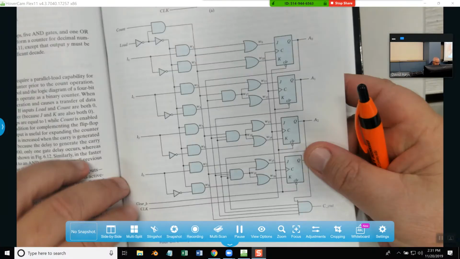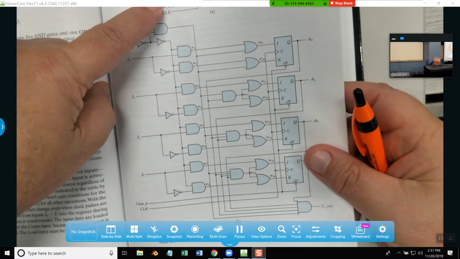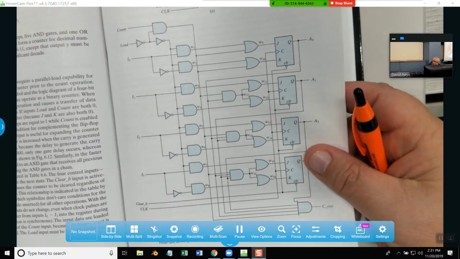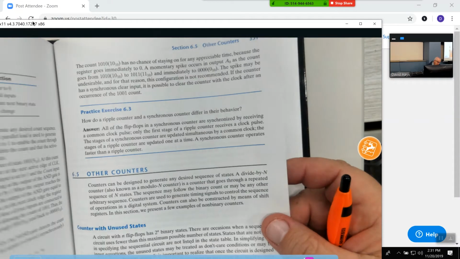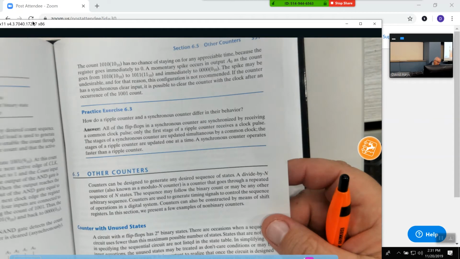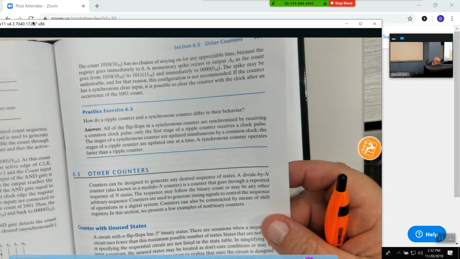Okay, based upon our table, well, if not clear B, so if 0, that's this first case where it's 0. So it does not matter.